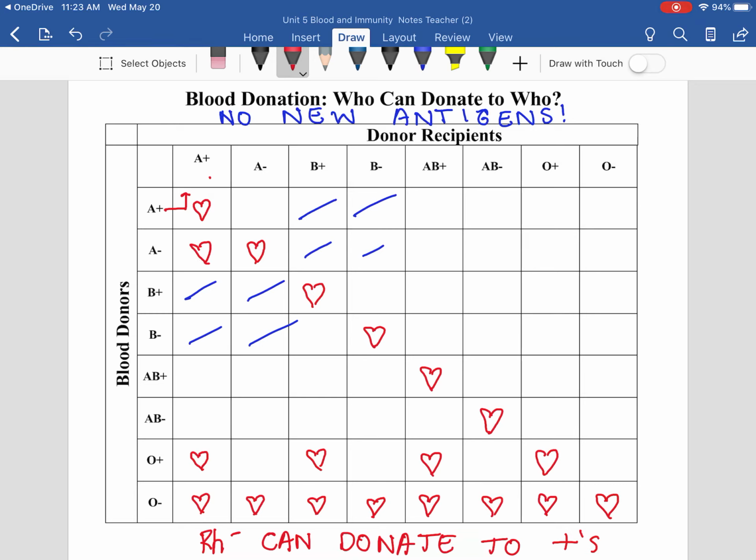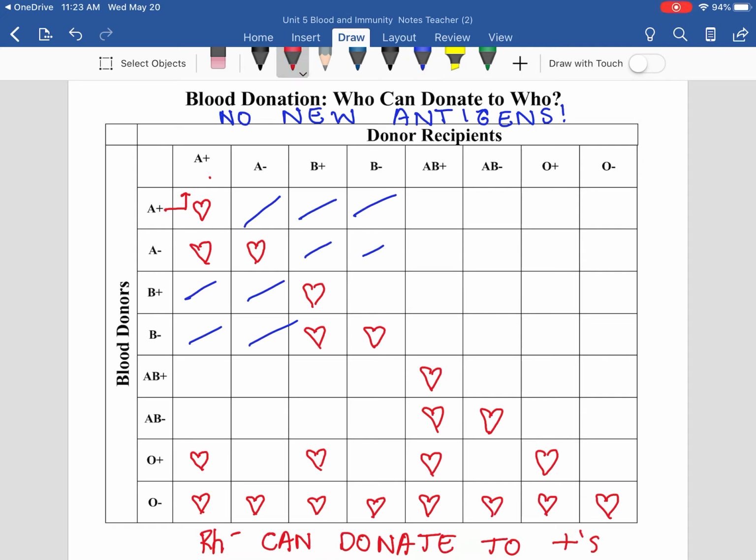All right, B negative can donate to B positive, and AB negative can donate to AB positive. All right, let's look up here. A positive cannot donate to A negative. Okay, positives can't donate to negatives.